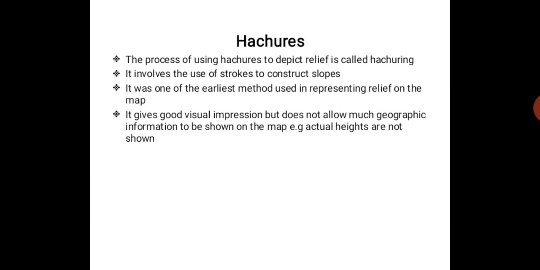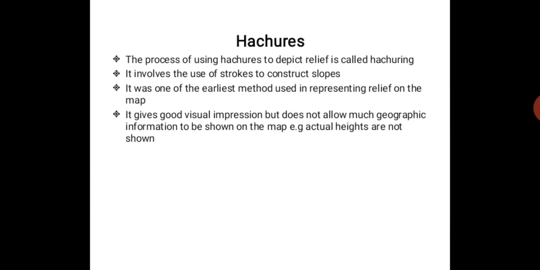It was one of the earliest methods used in representing relief on the map. It gives a good visual impression, but does not allow much geographical information to be shown on the map, e.g., actual heights are not shown.